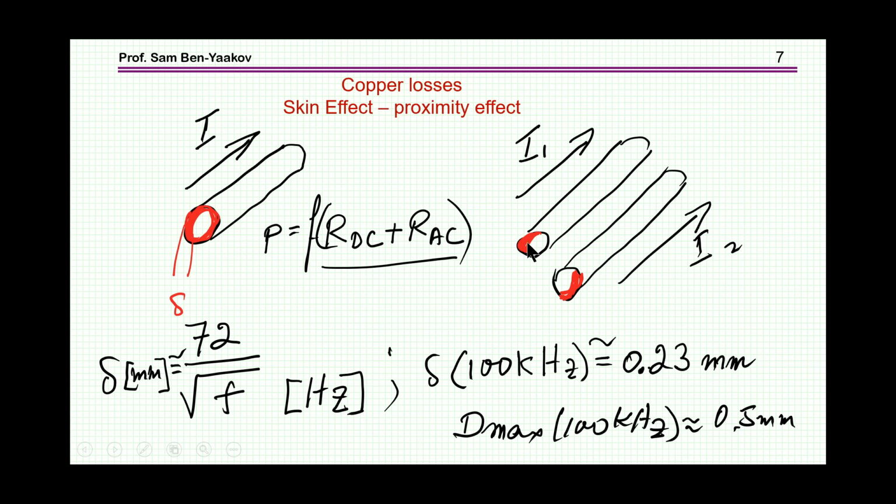Then we have also the proximity effect, in which when you have two wires carrying current, then the charge carriers also push to the side, and this is also reducing the area that is available for the high frequency. This is more complex. It has to do with the structure of the device, the number of layers, etc. I'm not going to go into it, just to mention that this is something also that should be taken into account.